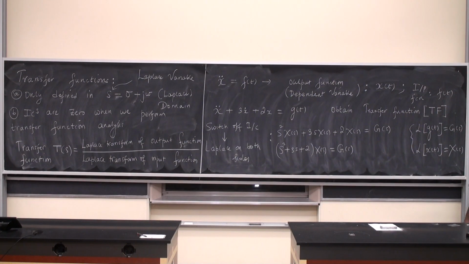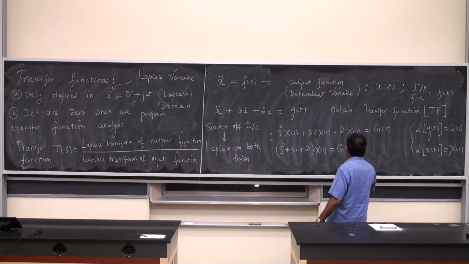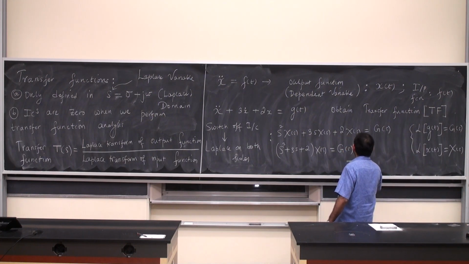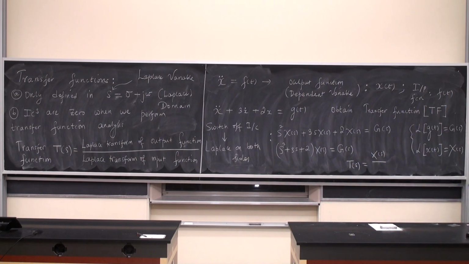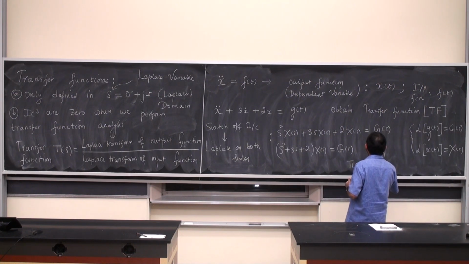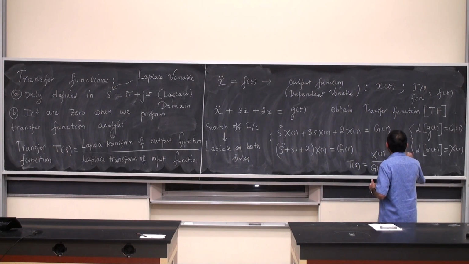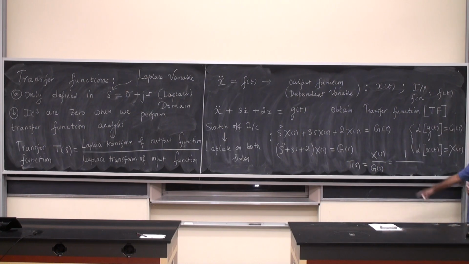And so the system transfer function T of s is the Laplace of the output function or the dependent variable, or whatever is our variable of interest that we are solving for, which is x of t. So the Laplace of that is x of s divided by the Laplace of the input function, which is g of s. If I just take the ratio, x of s over g of s is 1 over s square plus 3s plus 2.